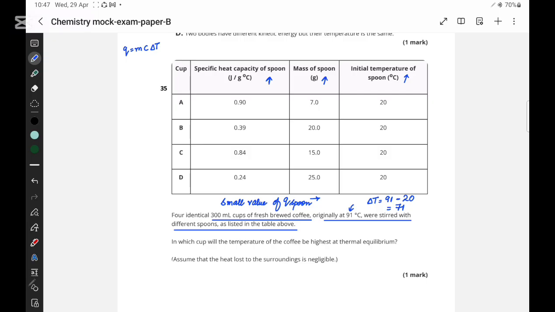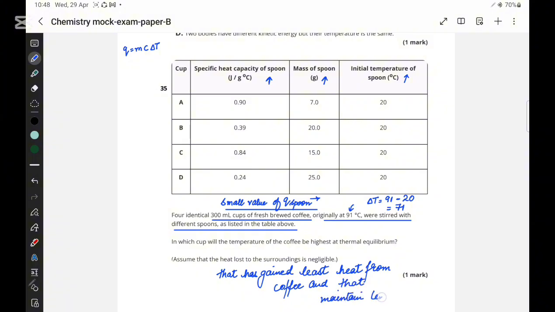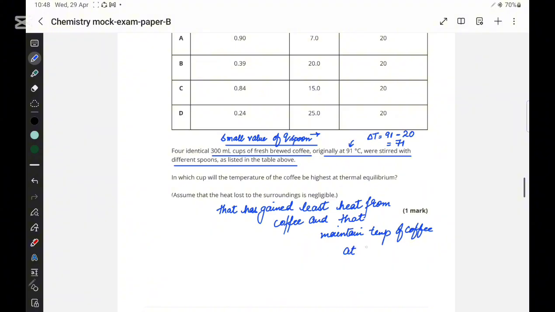That means that spoon has gained the least heat from the coffee, and that maintains the temperature of the coffee at the highest temperature.